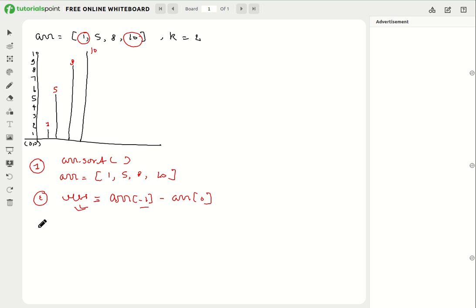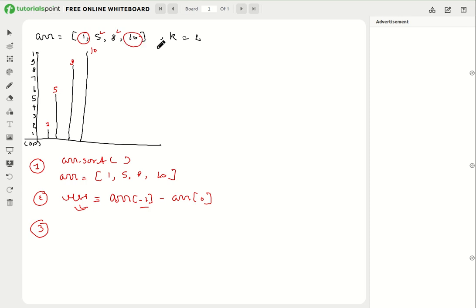Third, if we have other iterations like this array, for 5 and 8, at least we have to subtract these two numbers, k is equal to 2. It's like 1 plus 2, 5 plus 2, 8 plus 2, then 10 plus 2, then 1 minus 2, 5 minus 2, 8 minus 2, 10 minus 2.